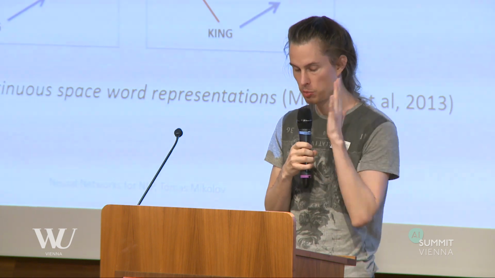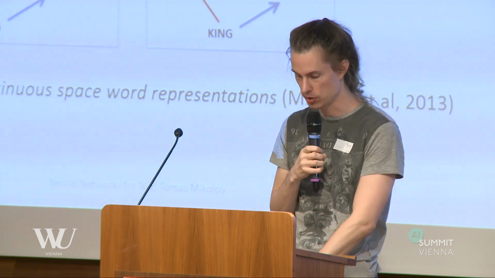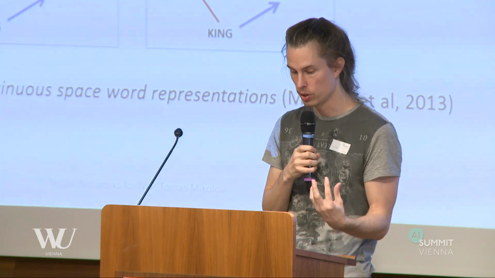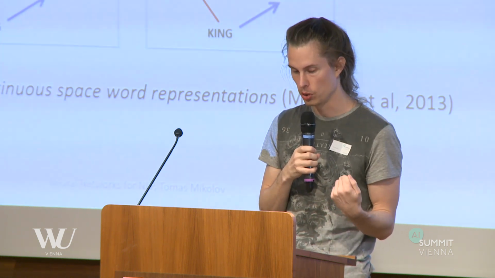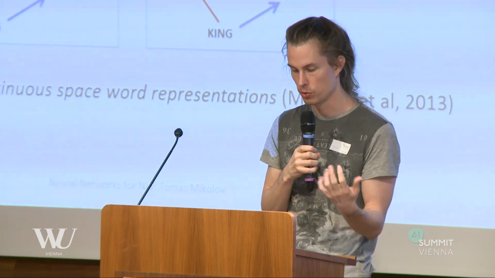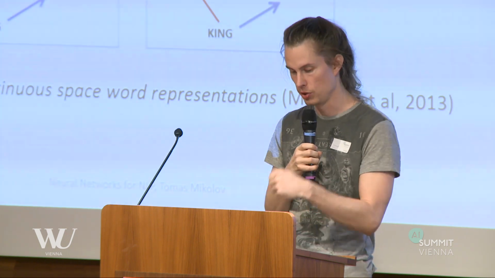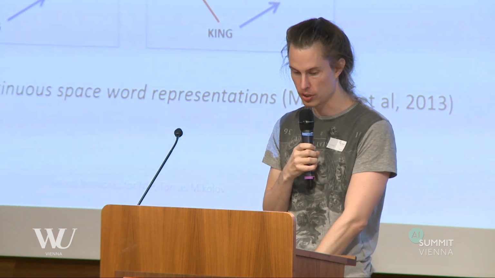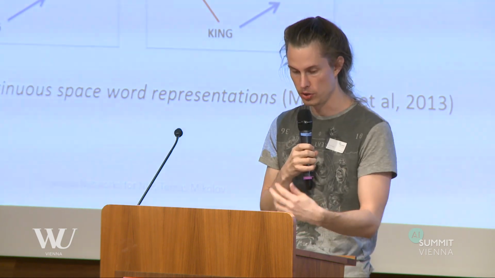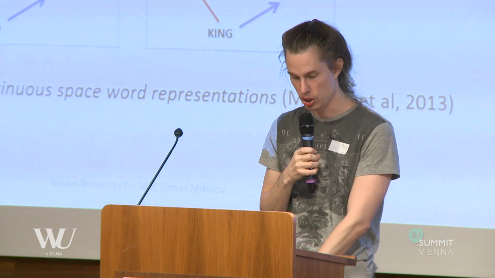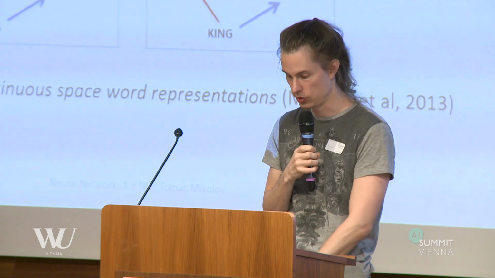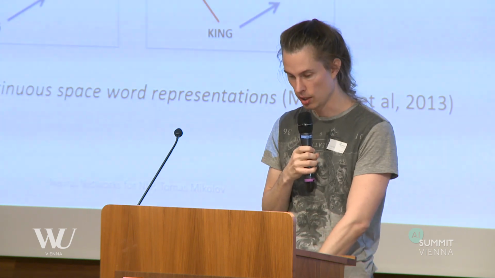You have these subspaces, some directions in the vector space that mean something like plural of words. So you can go from singular version into plural version. You can go from present tense of verbs into past tense by going in some different direction. So all you basically need is to figure out what this translation vector is, and you can change the properties of the words by finding the nearest neighbor after the calculation.